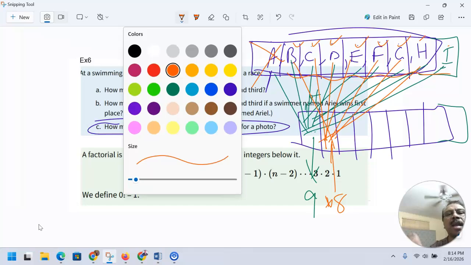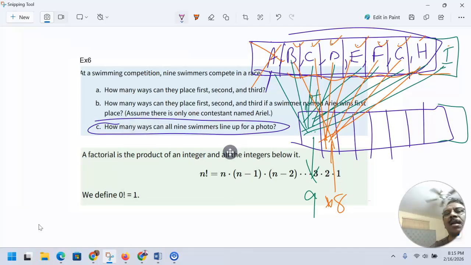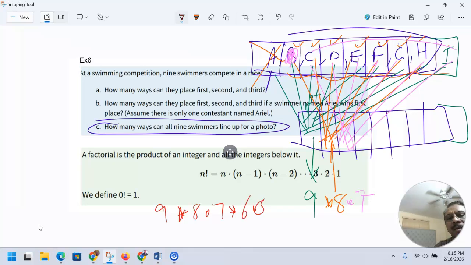And after that, you can use pink color, let's say. So let's knock off this guy. So there will be 7 of them left, right? So from there you can pick 7. I think you guys got an idea what I'm saying. So all you do is multiply. The fundamental principle of counting says all you do is just multiply 9 times 8 times 7 times 6, 5, 4, 3, 2, and 1.